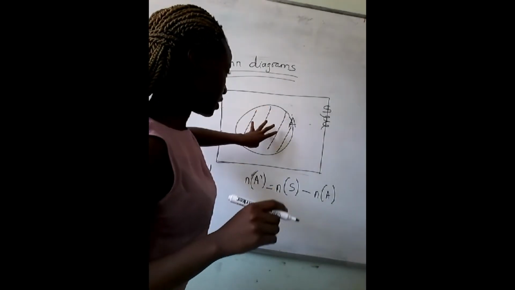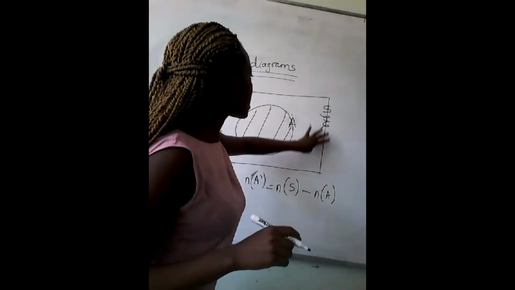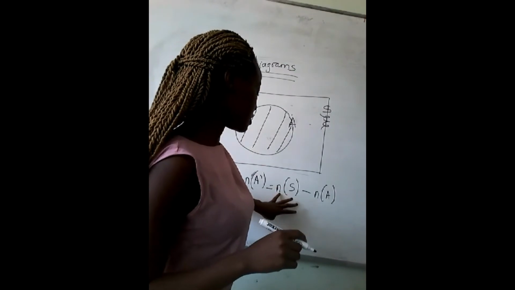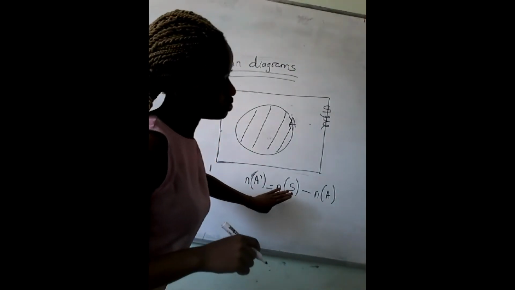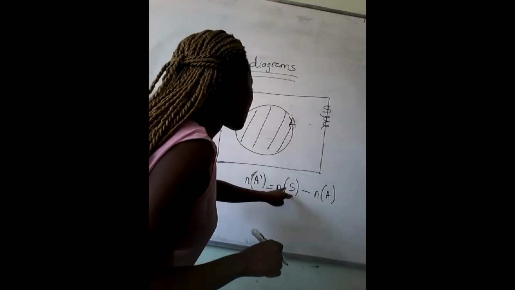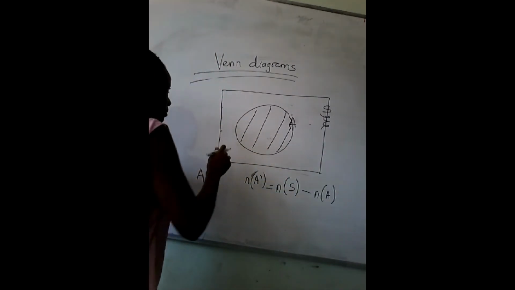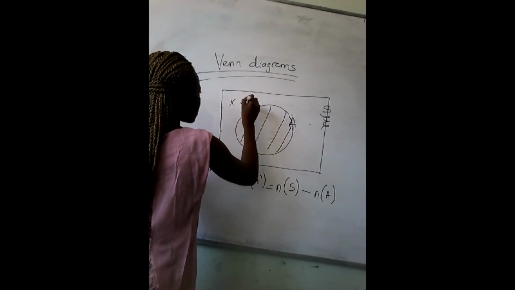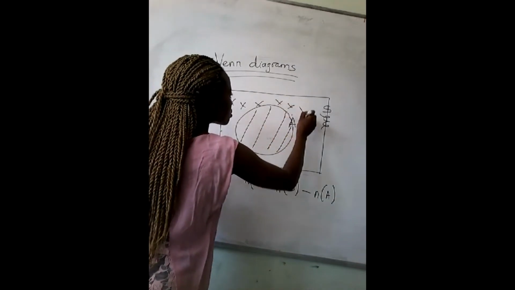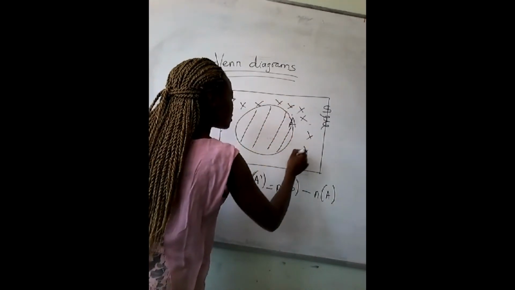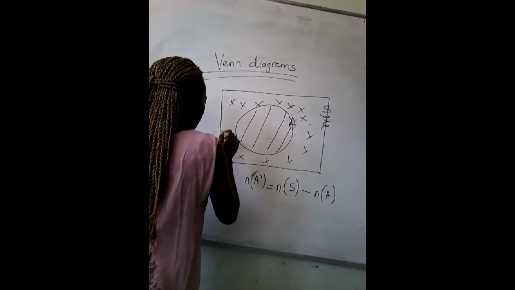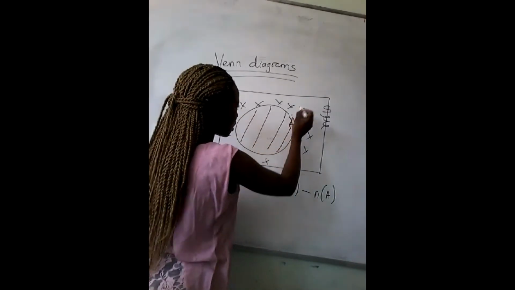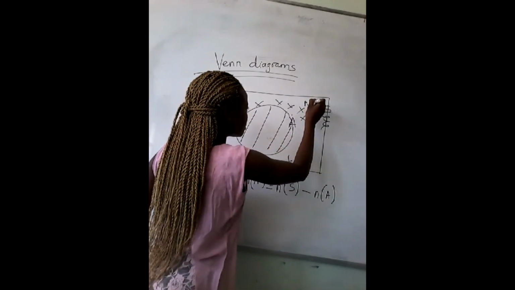This is the whole of our possibility space. So to obtain the complement, it will be here, that which is not in A. So this is our A complement.